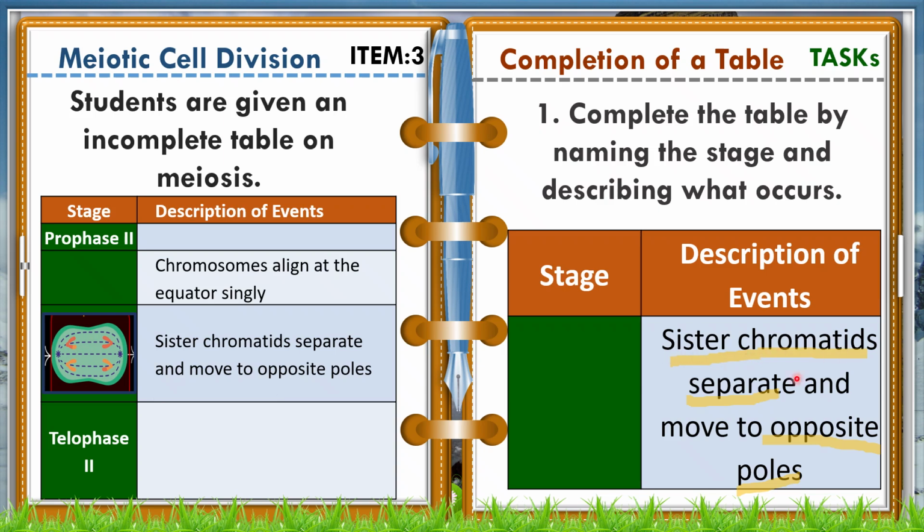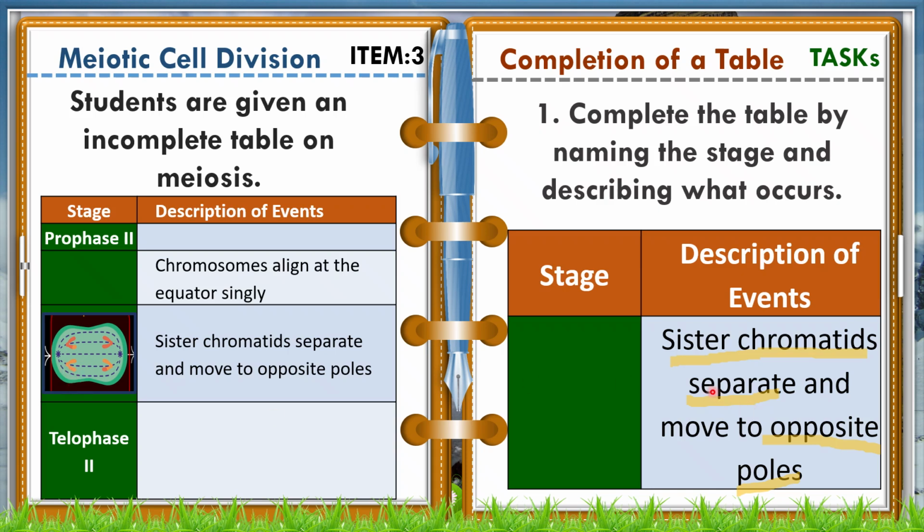The sister chromatids have separated. This one and this one were sister chromatids. This one and this one were sister chromatids. They have separated, and they move to opposite poles. This one moves this way and this one moves this way. These ones were on one chromosome. Now they are separating.